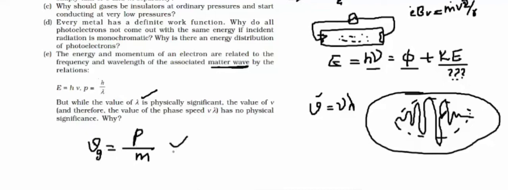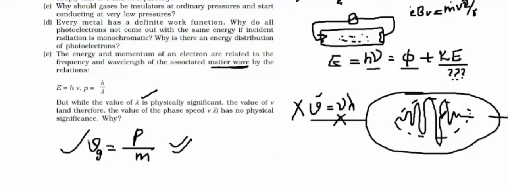Group velocity is significant. But what do you get from the formula v is equal to nu lambda? This is the wave velocity of the waves within this packet. When this particle is in motion, particle velocity is important. But what about the velocity of the waves within the packet? It's not significant. As it is not significant, nu also has no significance. So what is significant?